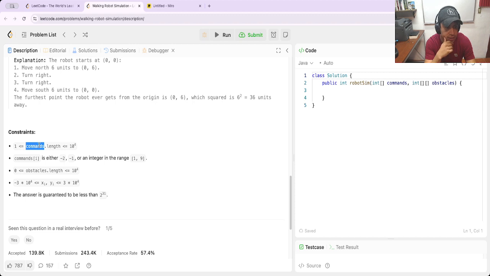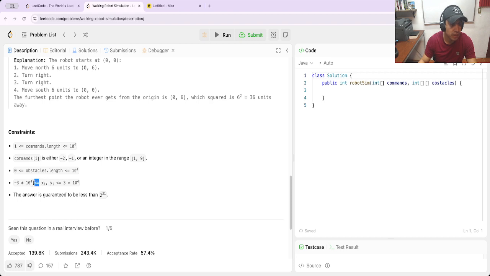The items in commands are either minus 2, minus 1, or any integer between 1 and 9. The obstacles length could be empty and has the same maximum as the commands.